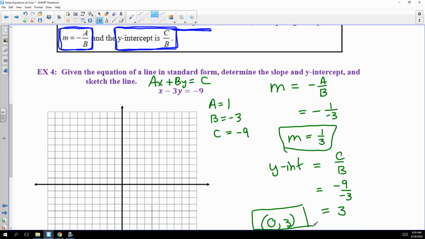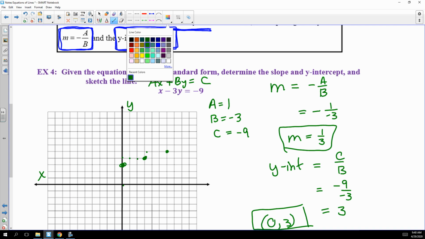Remember, we would start off by plotting the y-intercept on the y-axis. So (0, 3), from the origin we go up 3. And using a slope of 1/3, we're going to rise 1 and run 1, 2, 3 to the right. We're going to do that again, 1 and over 3. And then we're going to draw the line.